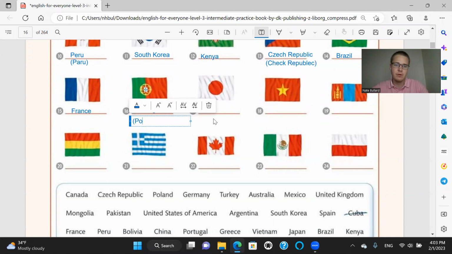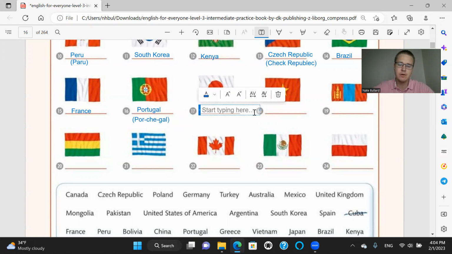Y suena así. Portugal. Okay. Number 17, Japón, Japan.